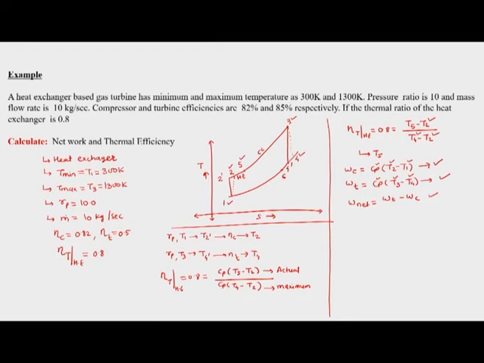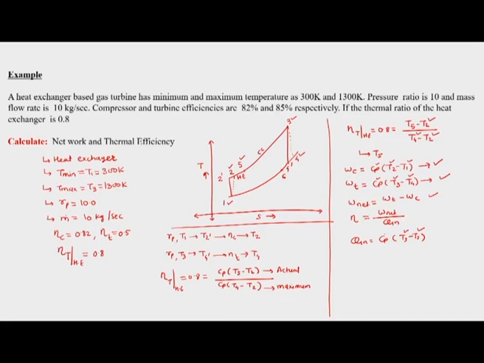Then we have to find out the efficiency of the power plant. We know efficiency of the power plant is W net divided by Q in. Since we do not know Q in, we can find out Q in as Cp into T3 minus T5. So we should know T5. T5 is known to us from the heat exchanger formula.